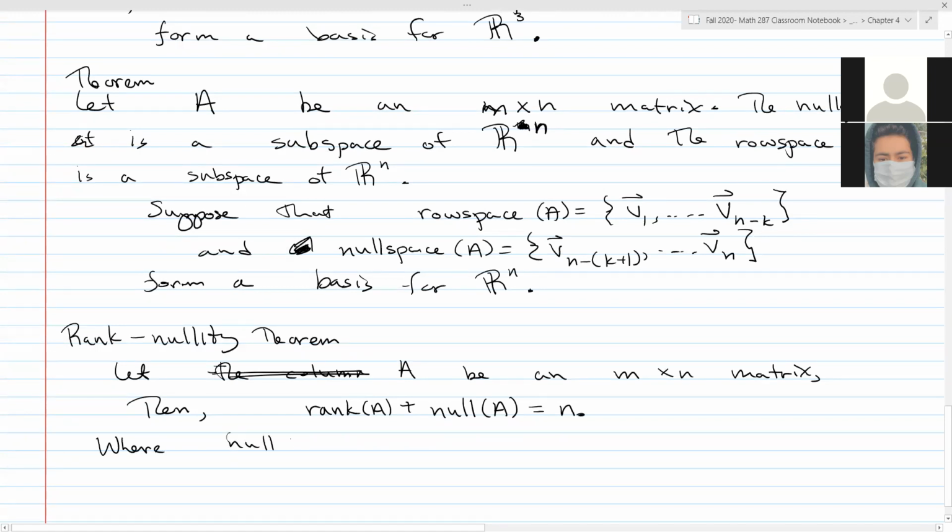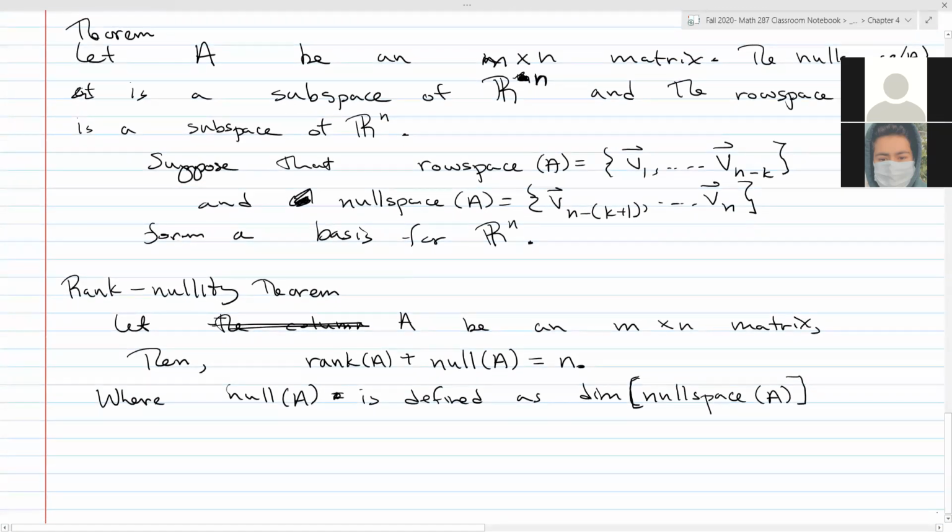Null of A is defined as the dimension of the null space of A. This whole thing is the rank-nullity theorem.